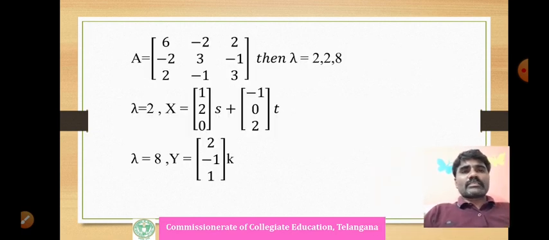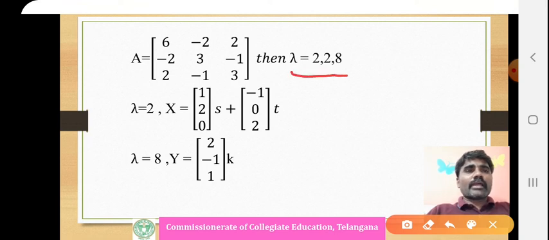Now let us take one example. A equals 6, minus 2, 2; minus 2, 3, minus 1; 2, minus 1, 3. This is a symmetric matrix. Its eigenvalues are lambda equals 2, 2, 8. Now you have to check here.